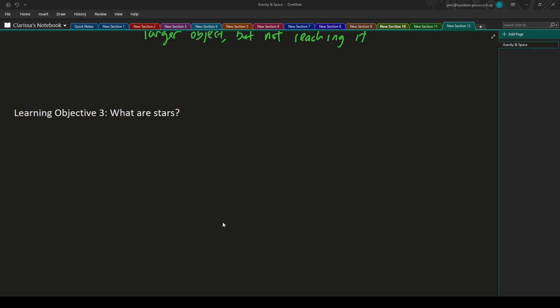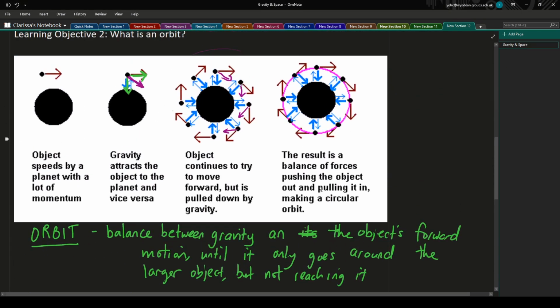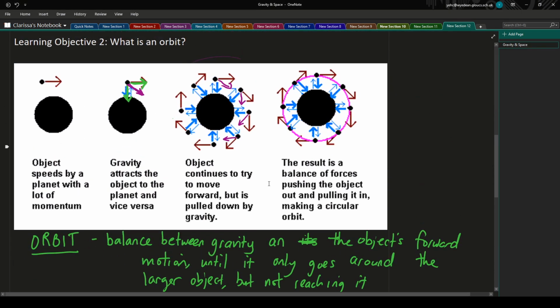It's mainly that balance that we're looking at. So we're looking at a precise balance between its weight and its forward motion, so that it goes in a particular direction where it doesn't actually reach the ground and just does a circular motion around the main larger object.